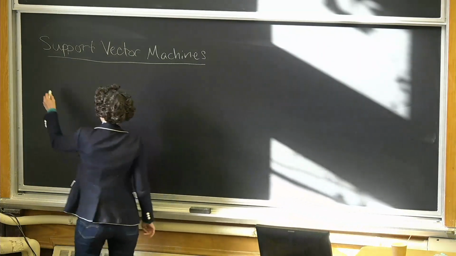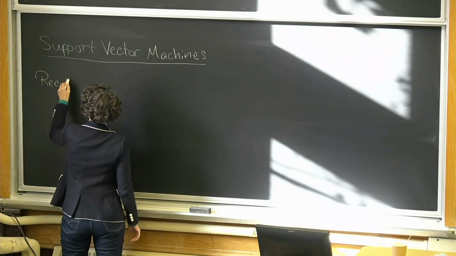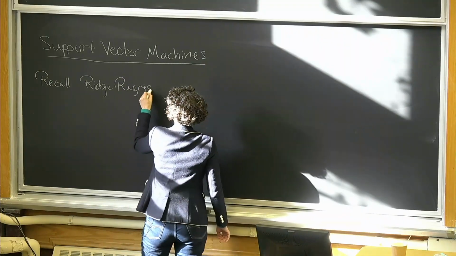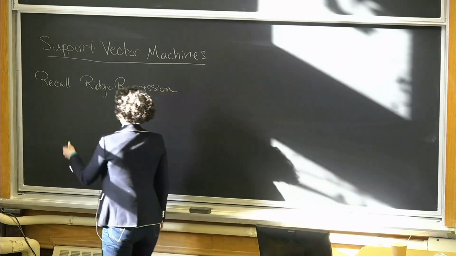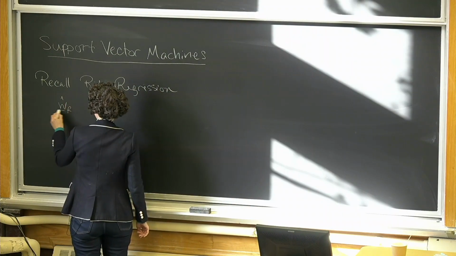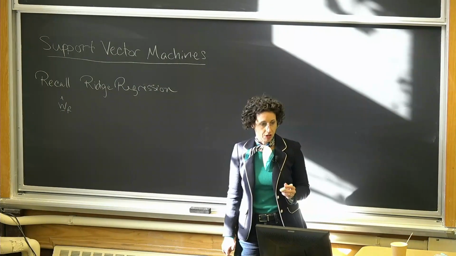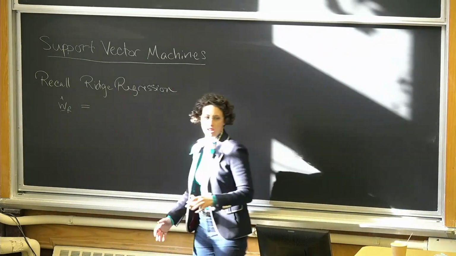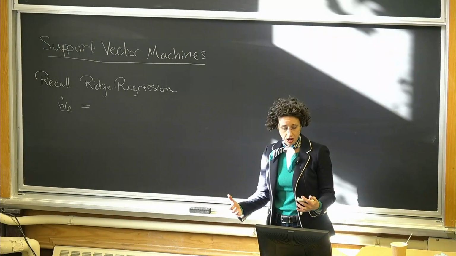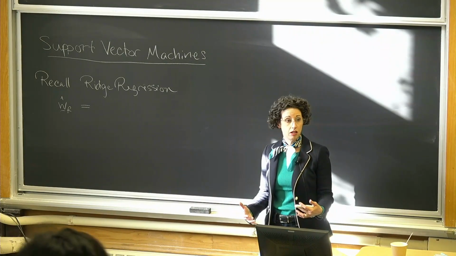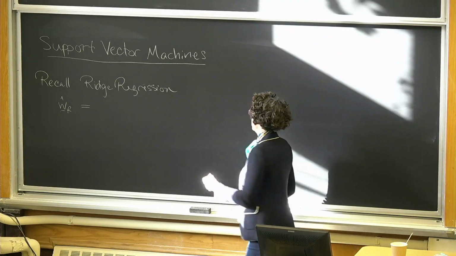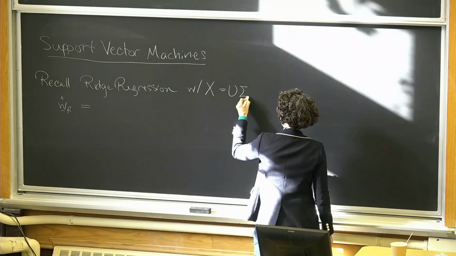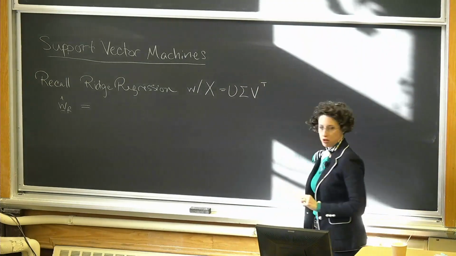So to get started, I want to go back to last week when we talked about ridge regression. And if you recall, we said that the learned weight vector with ridge regression had a particular form. So we first derived it from a regularized least squares perspective, but then we started thinking about how to interpret it using the singular value decomposition of X. So we're going to think about our feature matrix X as having singular value decomposition U sigma V transpose.